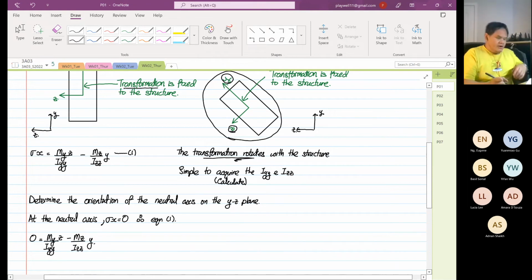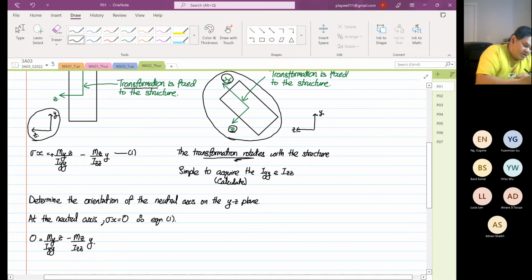A lot of students ask me why My is positive in the original formula and negative down here. My only explanation is when you look at the transformation, usually going up is positive and going towards the right is positive.